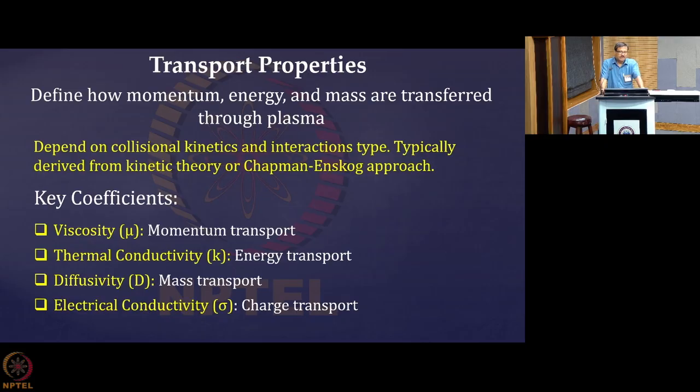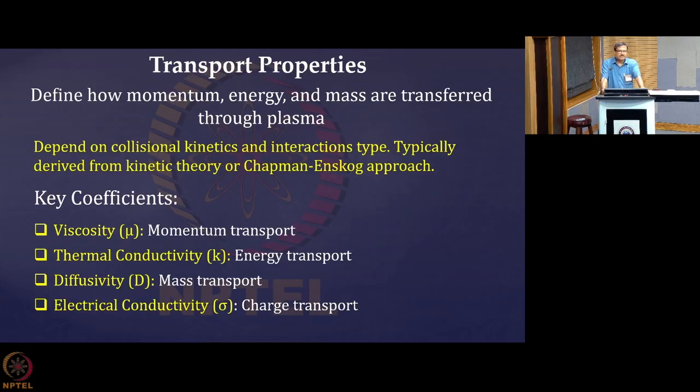So they depend on the collisional kinetics. You need to know the collision integrals, collision cross sections, and of course the interaction type. If it is a charge-charge interaction, it will definitely be through a Coulomb kind of interaction, whereas molecule-molecule neutral interaction or neutral-charge interaction will be in a different type of potential.